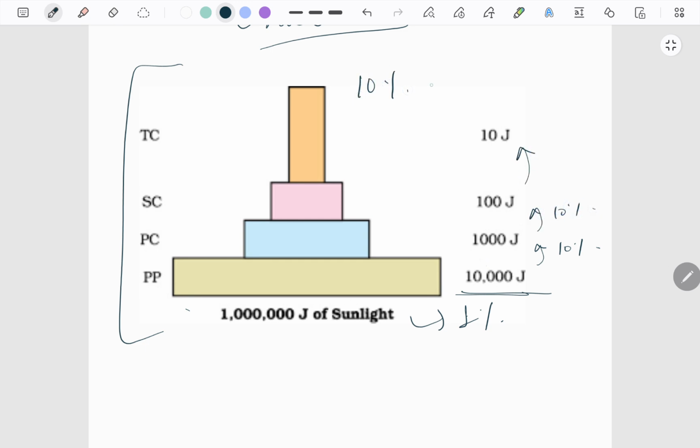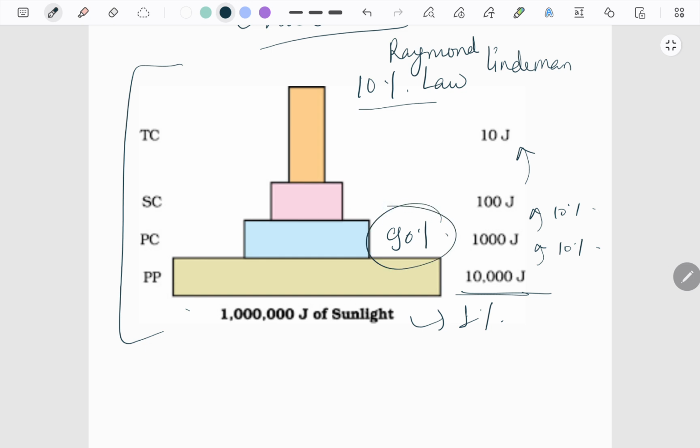This is known as the 10% law. This was given by Raymond Lindeman. Those things we will study later in detail. So Lindeman's law says that only 10% is passed on to the next trophic level, 90% is lost.